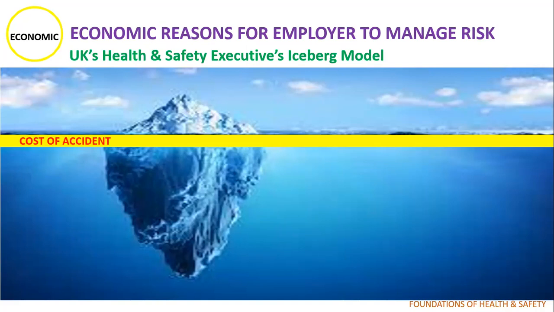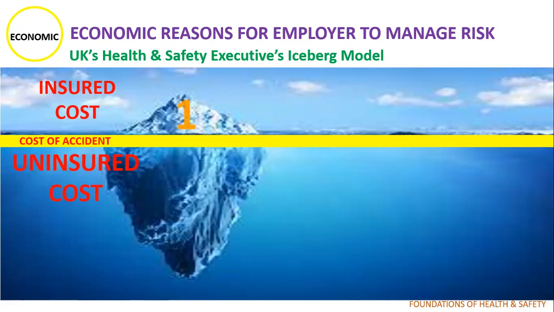The part above the surface of the water can be thought of as the insured cost, the very little cost that can be insured, and the larger part is the uninsured cost. So the ratio of insured cost to uninsured cost is 1 to 8 up to 1 to 36. It means uninsured cost is 8 times to 36 times more than the cost of accident that can be insured.